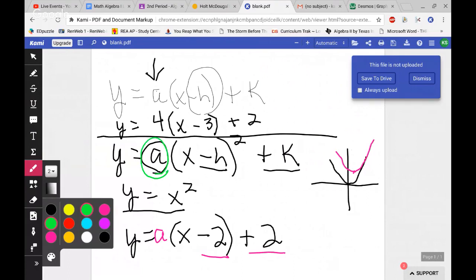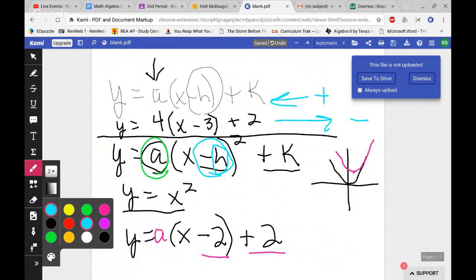This part moves it in and out from the x and y. And then this part right here, the H, that's going to move it left or right. And if it's a positive, it's going to move it left. Positive moves it left and negative moves it right, because when you pull it out, you're really just focused on that, whereas the original equation has a minus in it.